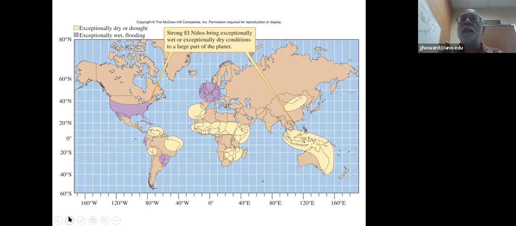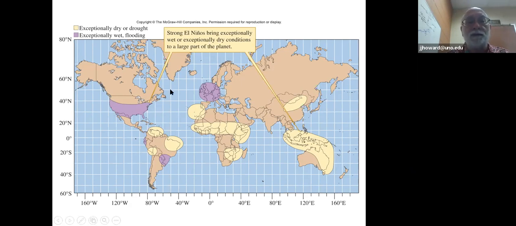It shifts every major climatic prevailing condition 4,000 to 5,000 kilometers from east to west. So when you have El Nino conditions, you have dry conditions in North America, dry conditions in Europe.